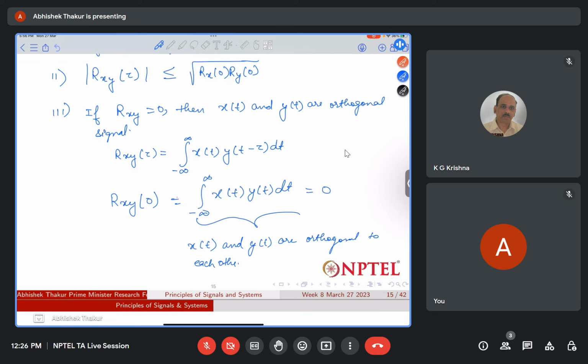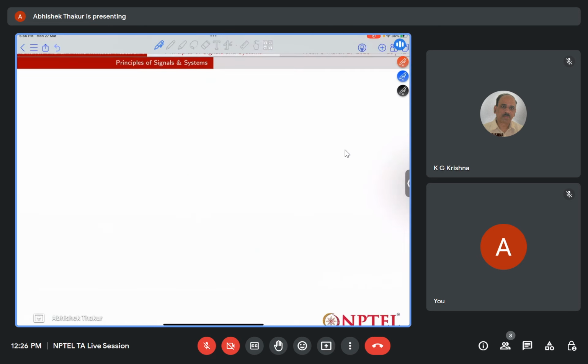So these are the properties of the autocorrelation function and cross correlation function. Also, we will solve one question with which we will see what is phase delay and group delay. With that question only we'll understand this concept.